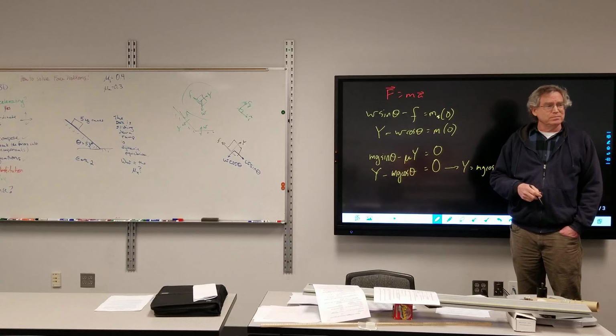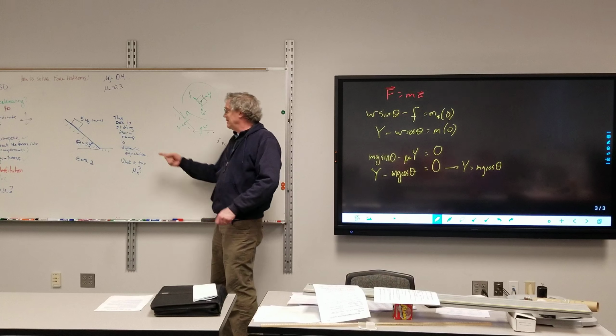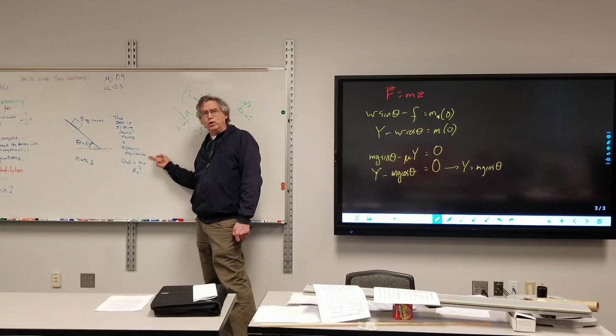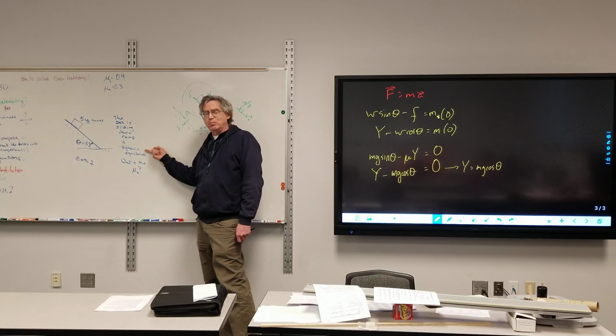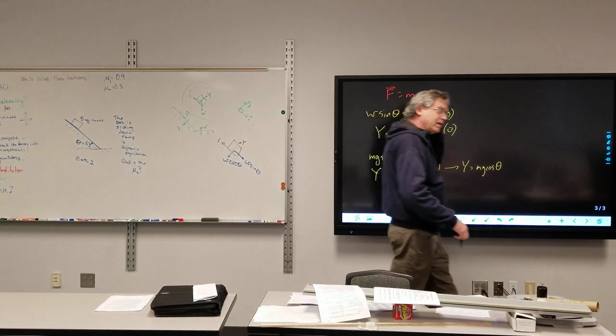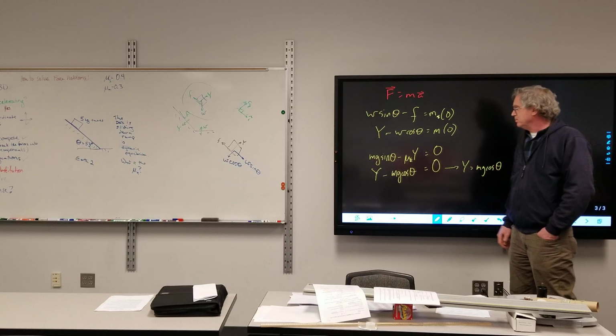It's moving down the ramp, so it would be kinetic. The key here: equilibrium means the acceleration is 0. Dynamic equilibrium means it's moving at a constant velocity that's not 0. Static equilibrium means it's not moving. So the fact that I said dynamic equilibrium tells me that it is moving, so this is mu sub k.